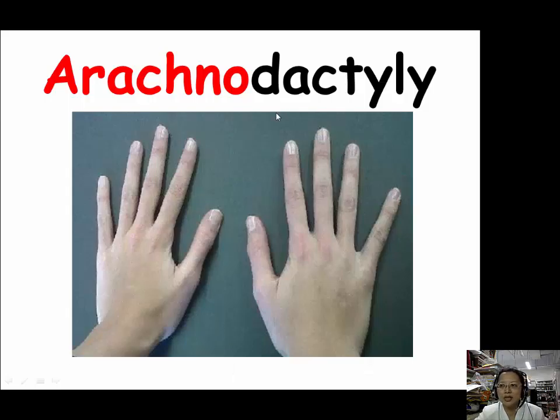Sometimes the arachnodactyly can be used as one of the characteristics for diagnosis. Remember, we learned before for finger, D-A-C-T meaning finger, and dactyly meaning abnormal type of finger.